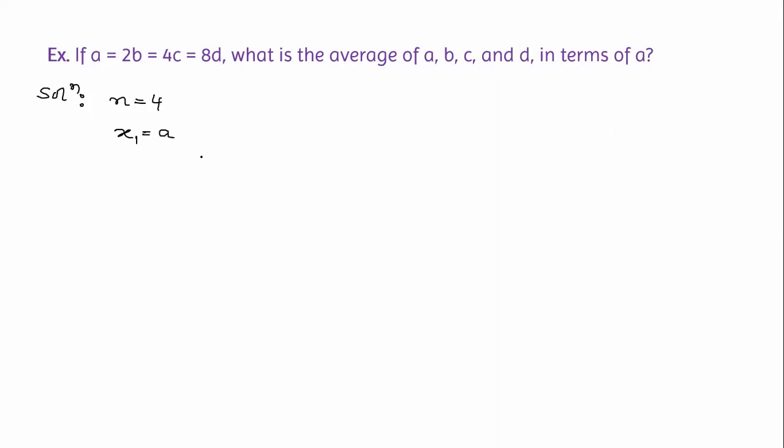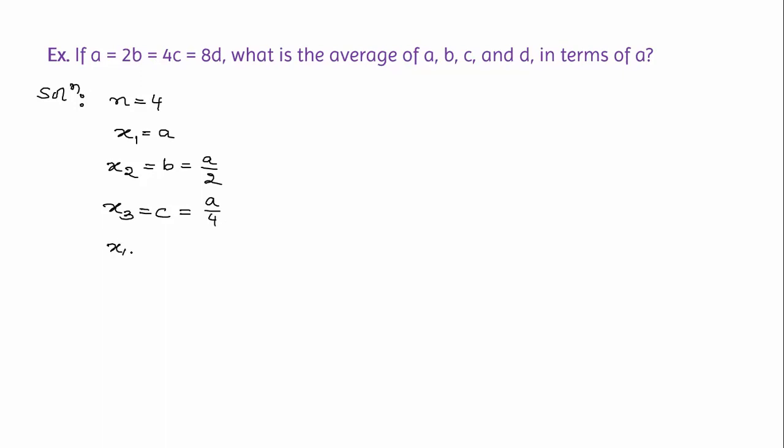Okay, so let us write everything in terms of A. The second number x2 is equal to B. But what is B in terms of A? B is equal to A by 2. The third number x3 is equal to C. C is equal to, we know 4C is equal to A, so C must be equal to A by 4.